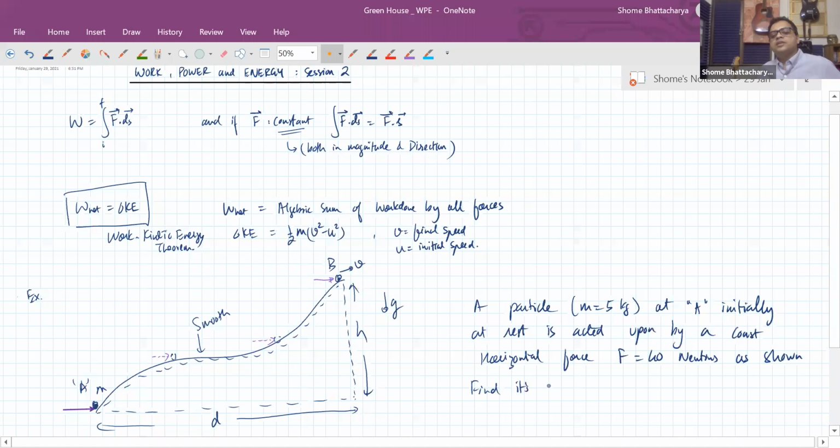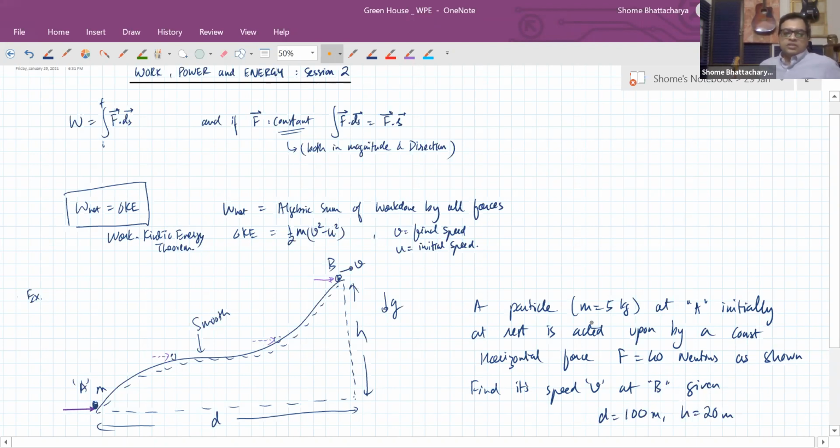Find its speed v at the point B, given that d is equal to 100 meters and h is equal to 20 meters, and the surface is perfectly smooth, so there's no friction involved.